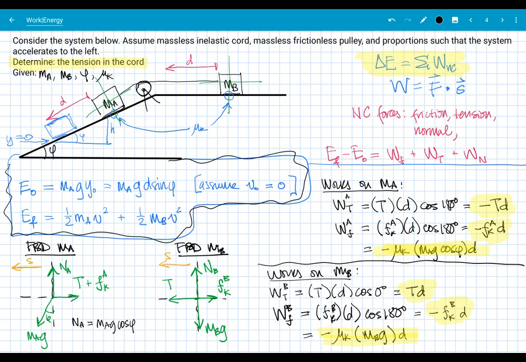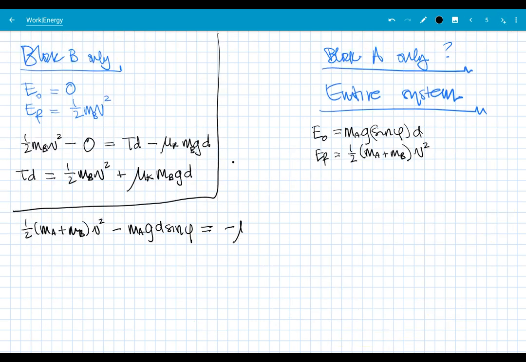So what I'm left with is the two negative works that are done by kinetic friction. So that's going to be negative mu_k m_A g cosine phi d minus mu_k m_B g. That's the normal force for block B, right? Okay, so that's my whole expression here.